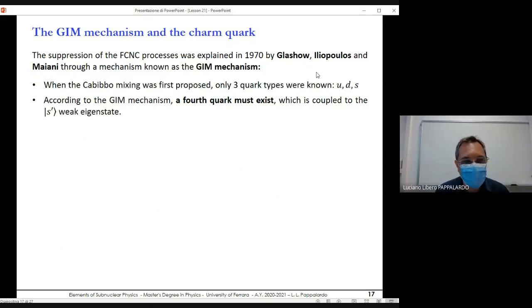When the Cabibbo mixing was proposed, as I was mentioning, only three quark types were known: the up, the down, and the strange. We were in the epoch of the early quark model by Zweig and Gell-Mann. Now, according to the GIM mechanism, a fourth quark must exist in order to solve the problem of the strangeness changing neutral current processes, which has to be coupled with the s prime weak eigenstate.